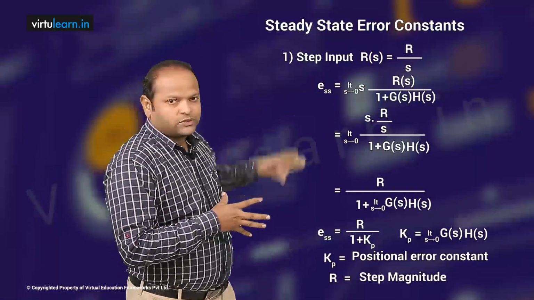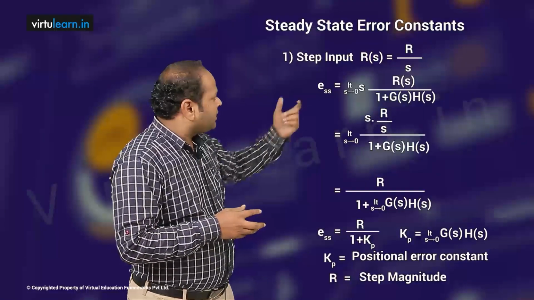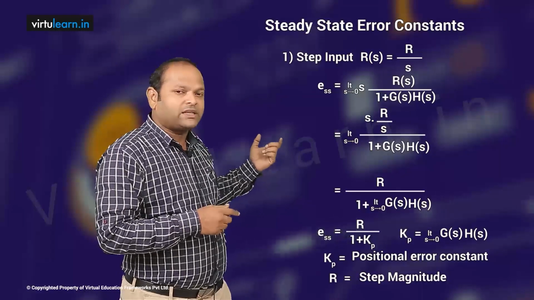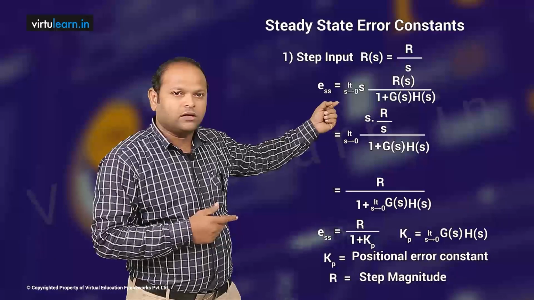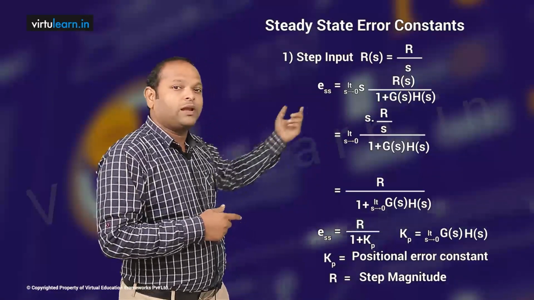Now if you closely observe this equation, ESS is limit s tends to 0 of R by 1 plus GH of s. We want to apply the limit s tends to 0, whereas the numerator R is a constant, there is no s term at all. So you cannot apply the limit to the constant.